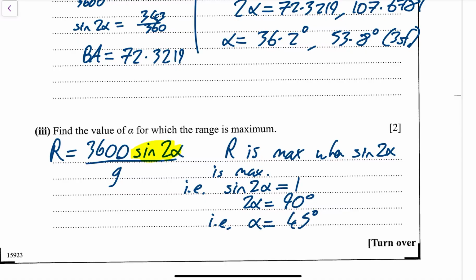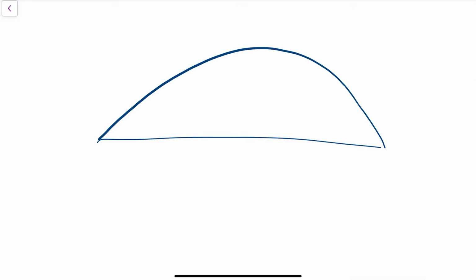So that's almost like a proof of why the angle is maximum. If you're playing golf and you want to hit something for maximum range, your initial angle should be 45 degrees.